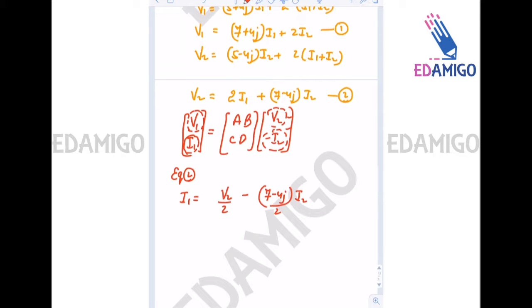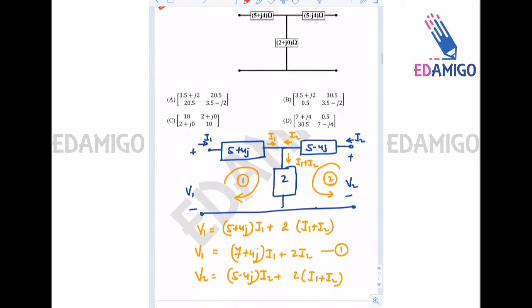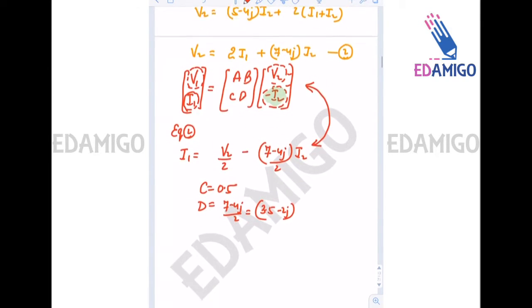Now comparing with this equation, we get C is equal to 0.5 and, since we are comparing here with minus I2, D will be equal to (7 minus 4j) divided by 2, that is 3.5 minus 2j. So C equals 0.5 is only in one option, so option B is the correct answer. So we can get the answer directly from here.